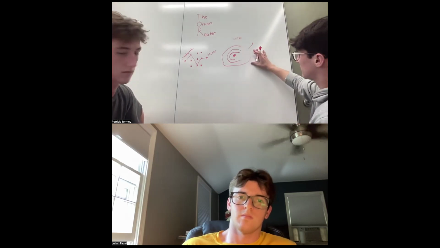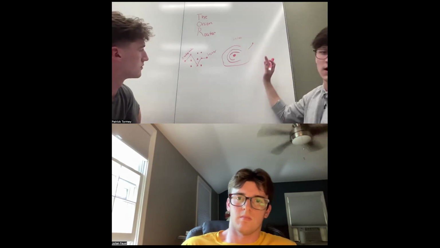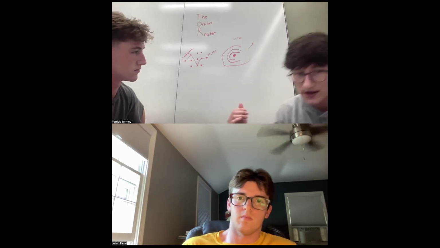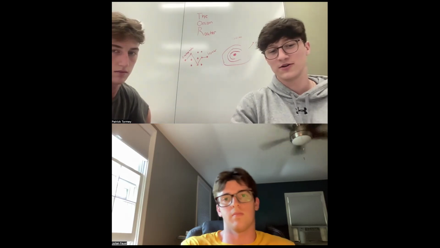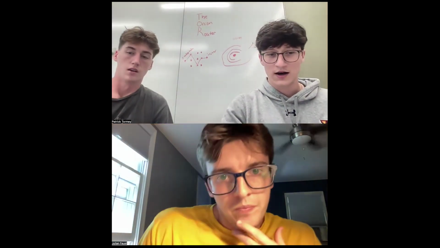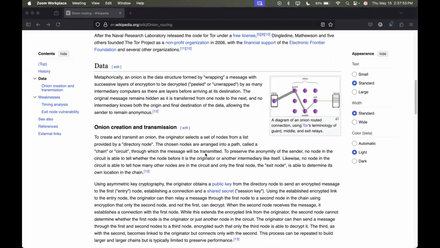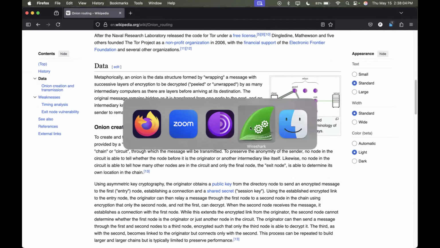So this is sort of what it looks like on the whiteboard. Julian is going to show you what a technical example would look like. First we're going to start off on Firefox and then compare what it looks like on Wireshark to what Tor looks like on Wireshark.